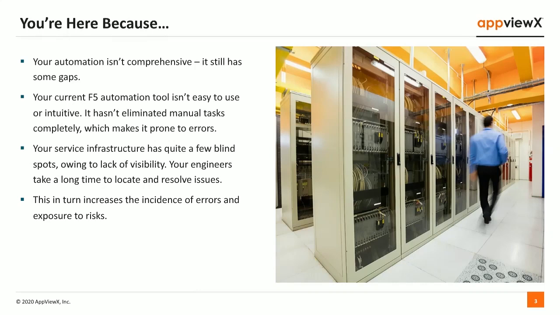F5 is a beautiful product. I've worked decades in it, all the way from the version 3, version 4 days of 3DNS and pre TMShell days. So it gives you amazing power, amazing capabilities.